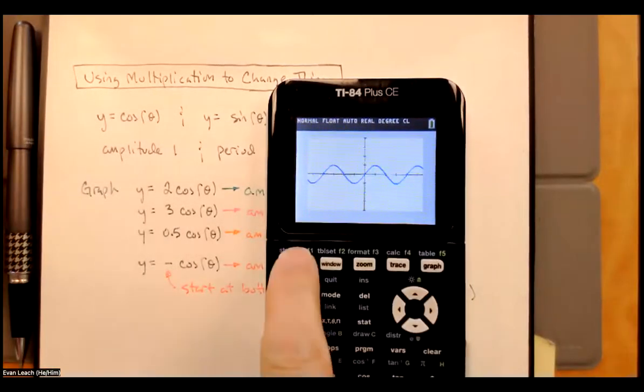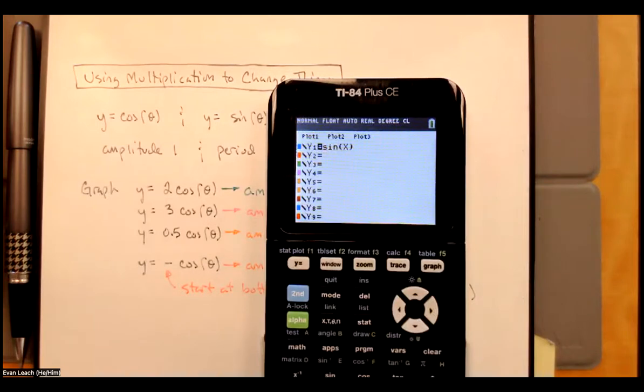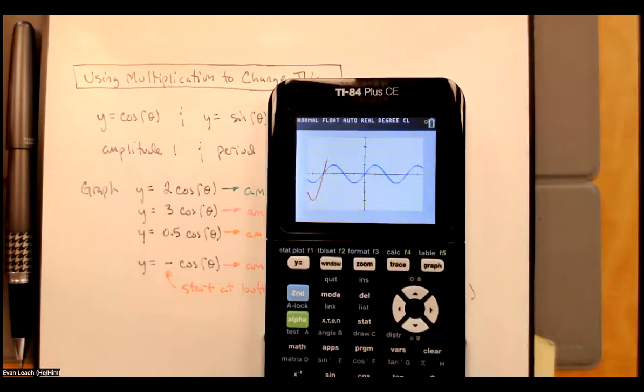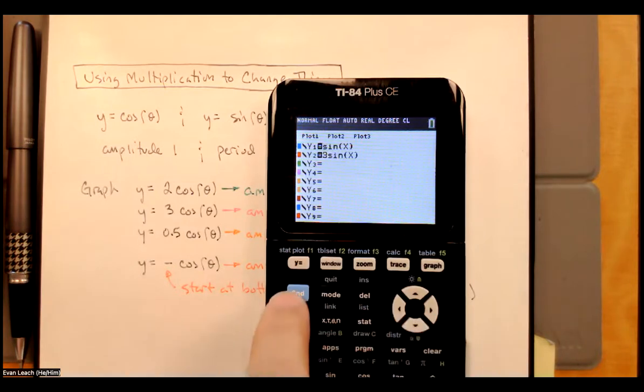If we multiply, we should expect the amplitude to change. So 3 sine x. That's exactly what happens. The period doesn't change. The amplitude does change because we're multiplying all the outputs by 3. We are going to want to know what happens if I multiply by a -1.